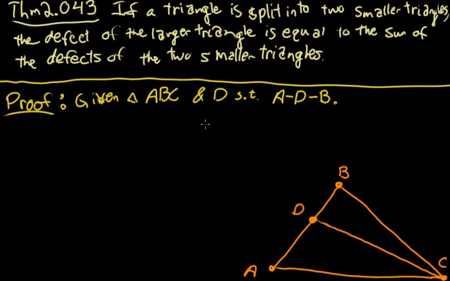So for the first step, we'll say label the triangle as follows. If this was a more in-depth proof, we'd actually be writing down that angle CBD will be equal to beta. This would be alpha.